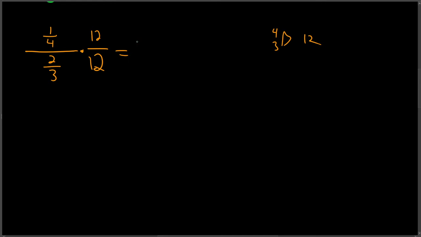What this does is turn it to 1/4 times 12 over 2/3 times 12. And what happens with that is 12 is divided by 4 three times, and 12 is divided by 3 four times. And so I change my upstairs to 3 over 2 times 4, which is 8.